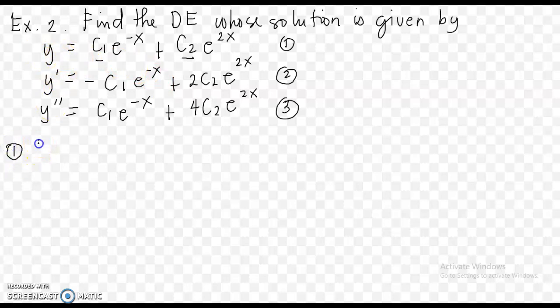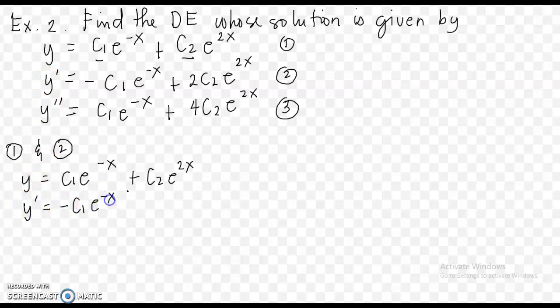From equation 1 and equation 2, we have y is equal to c1 e to the negative x plus c2 e to the 2x. Then our second equation, we have y prime is equal to negative c1 e to the negative x plus 2c2 e to the 2x.